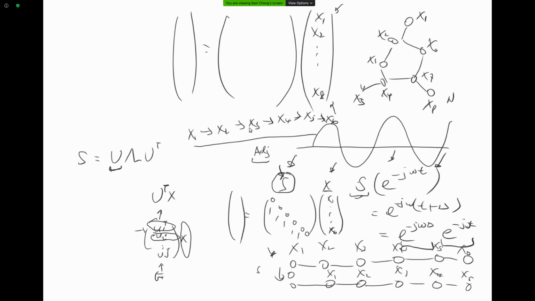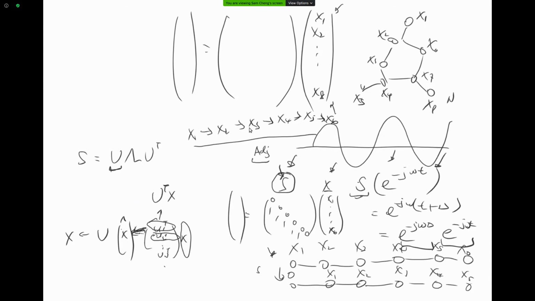So what I get afterward is the Fourier transform, which I maybe call x hat. It's the Fourier transform of x, and then I can do an inverse transform by multiplying by U to get back x again. Let me write it out better.